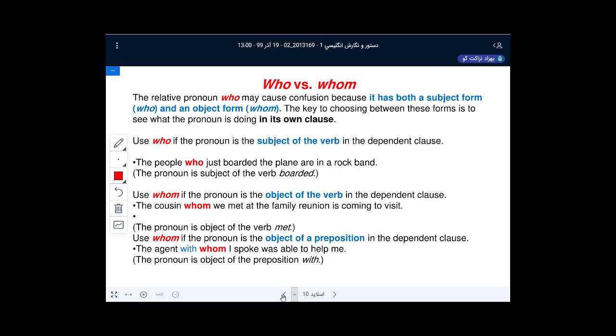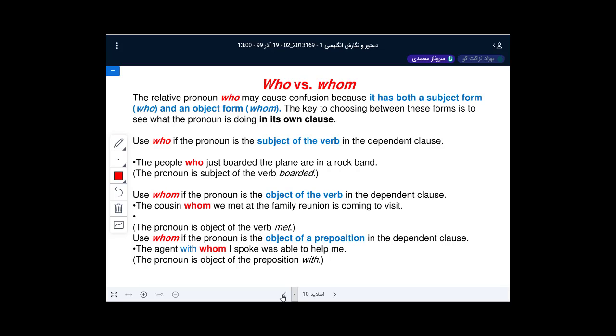So we can use who. The people who just boarded the plane are in a rock band. Who just boarded the plane? The pronoun is the subject of the verb. So the people just boarded the plane. The people who just boarded the plane. But for whom, go on.